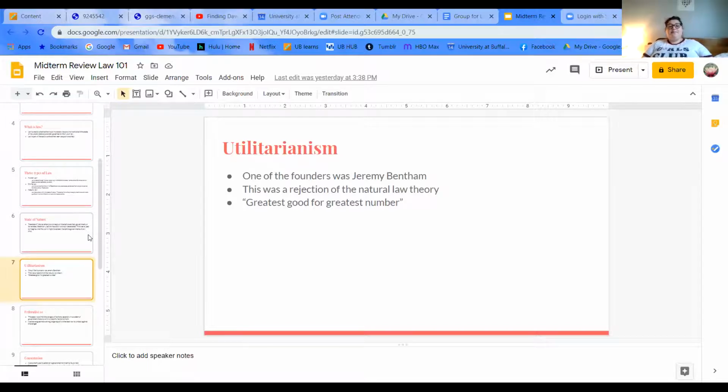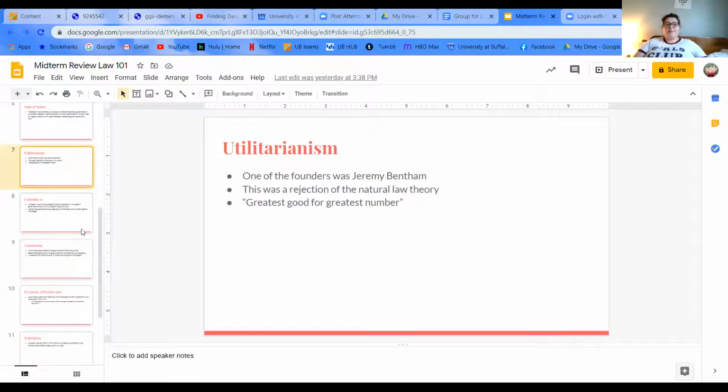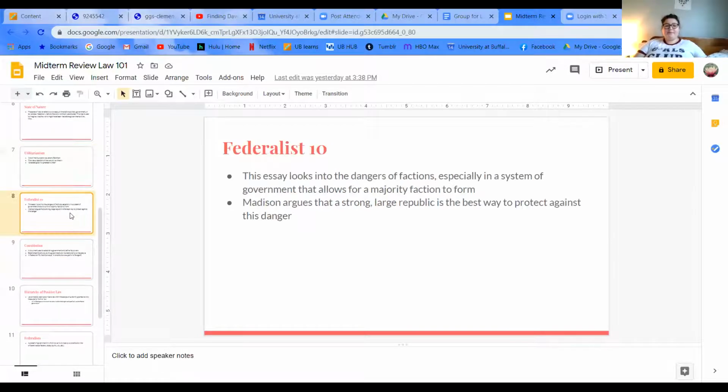And in utilitarianism comes the belief that law should create the greatest good for the greatest number, which sounds pretty good. And that human reason, again, is fallible. So we have to strive to enact laws that actually take care of the most people in society.